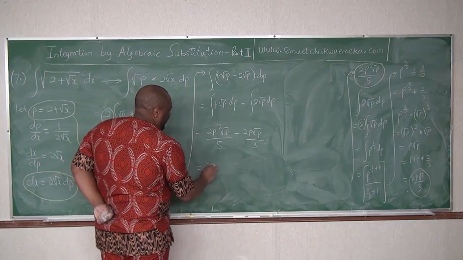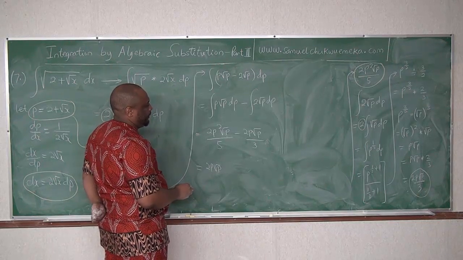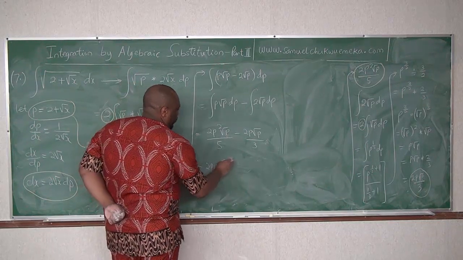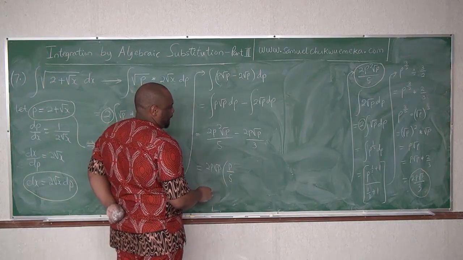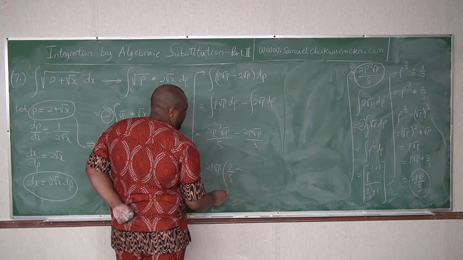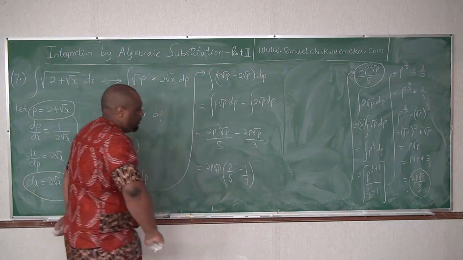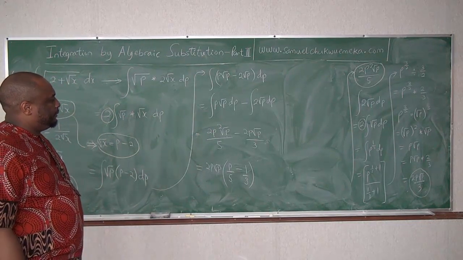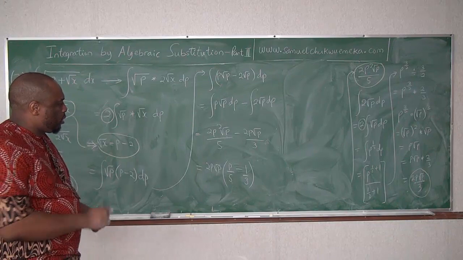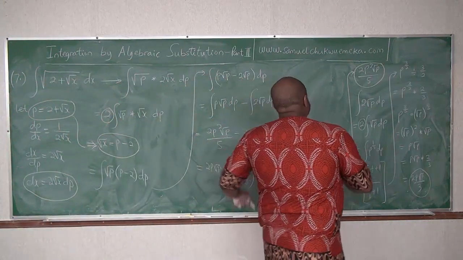We have 2p root p times p over 5 minus 1 over 3. Okay, let's simplify that.